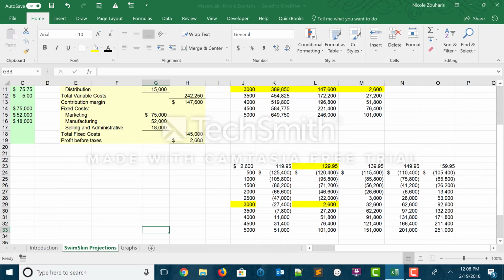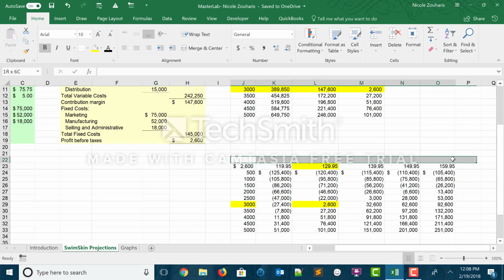But what if I want them to be a little bit more visually appealing? I can make these into a graph. So what I'm going to do first is make a title for this. You'll see why I'm doing this before I even head on to the next page in a second.